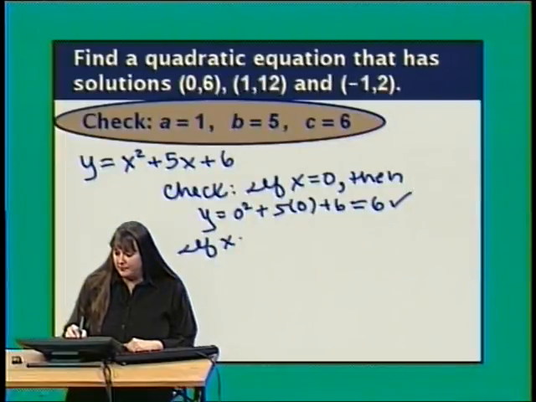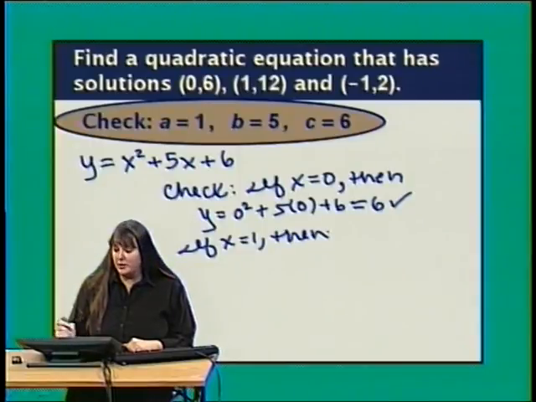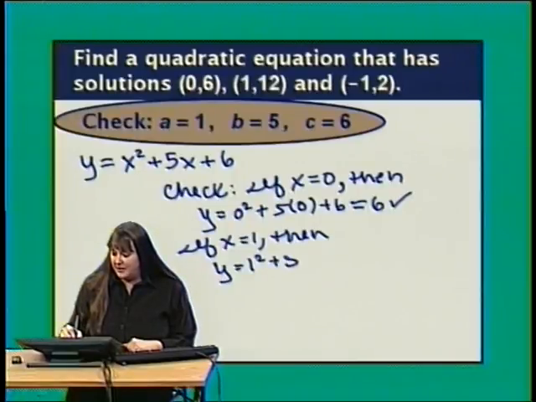What about if x is 1? Well, I'm hoping y is going to be 12 since I have the ordered pair (1, 12). Well, y would be 1 squared plus 5 times 1 plus 6. 1 plus 5 is 6, plus 6 more is 12.